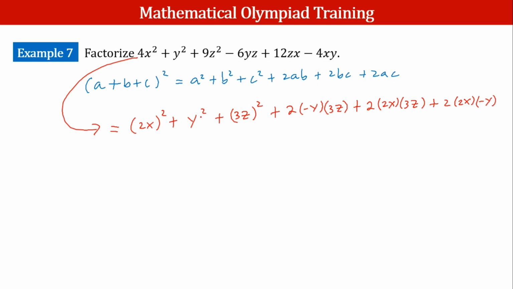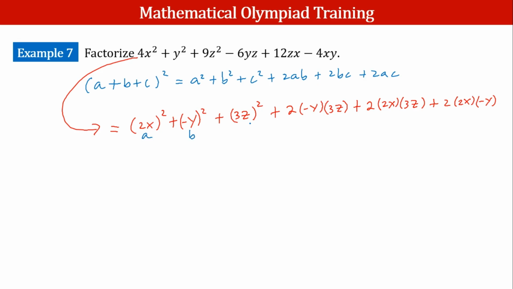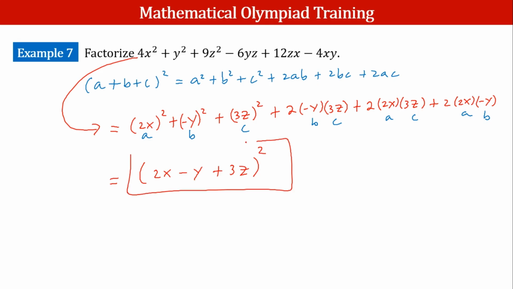So this means that this must be negative y squared. So in this case, this is A, this is B, this is C, this is B, this is C, this is A, C, A, B. Which means that that expression is the same thing as 2x minus y plus 3z squared. Alright, so this is now our final answer.